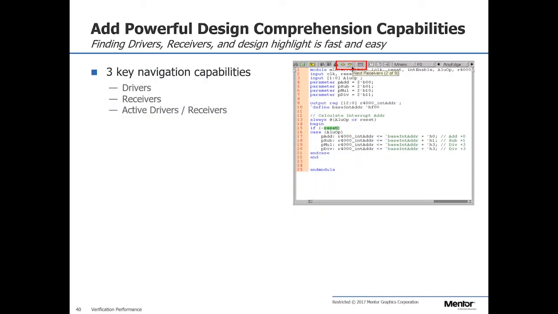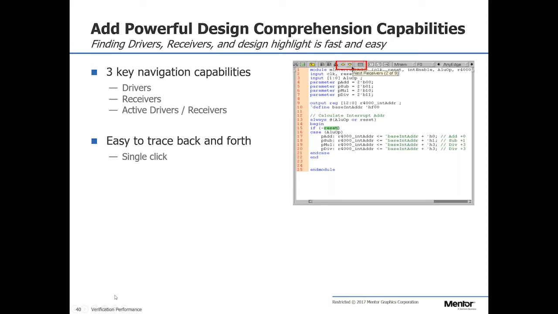So let's take a little look at Visualizer. A couple of things that are really nice is that the source code window is completely synchronized with the design hierarchy window. So any place you click on in the design hierarchy, it automatically displays that source code. And so you can quickly click on different places within there and see that.